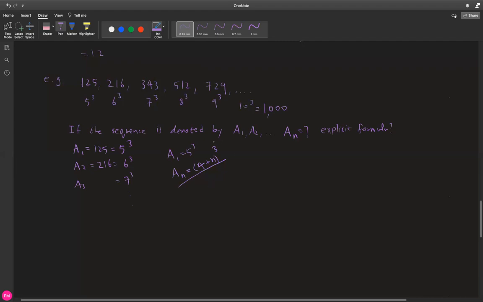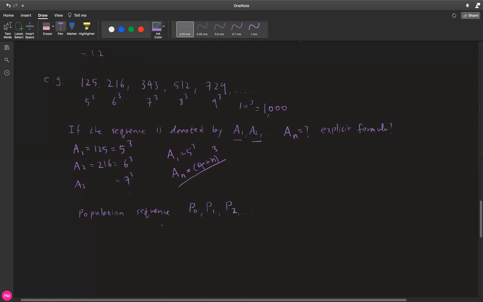So let's look at a notation. Here we defined it as a sub 1, a sub 2, and so on. But in a population sequence, you are normally given the initial population P sub 0, P sub 1, P sub 2, and so on.